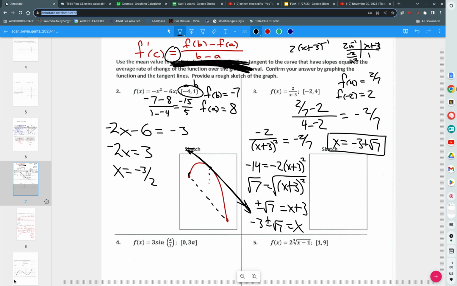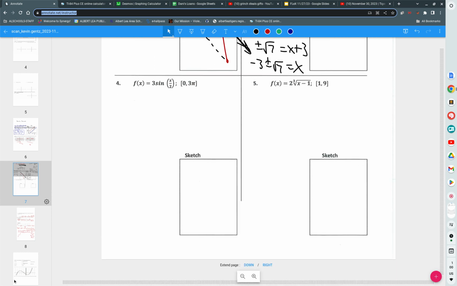What's different about the next one? Sine. Do you remember how to take derivatives of trig functions? Do you remember how to evaluate trig functions? We plug in 3 pi. So we have f of 3 pi, and I get 3 sine of 3 pi over 2.